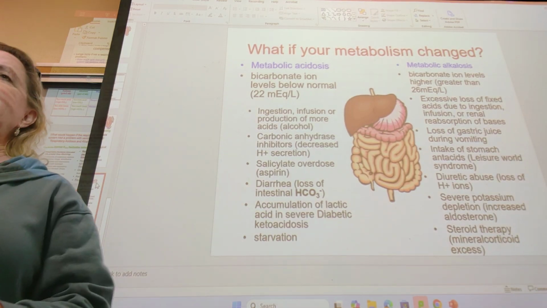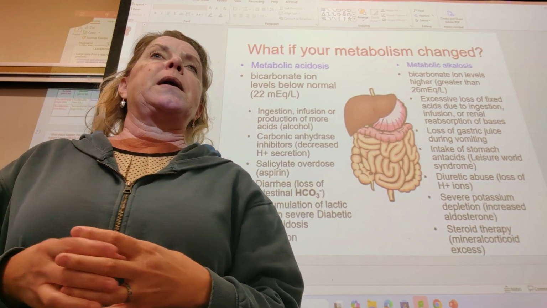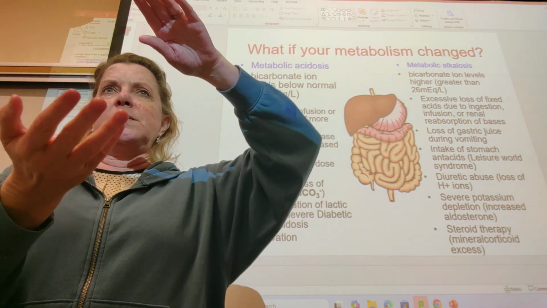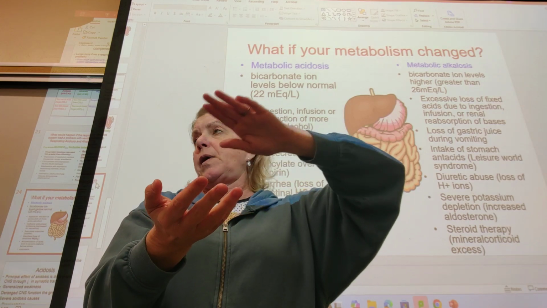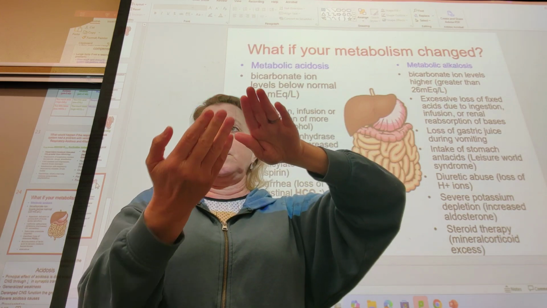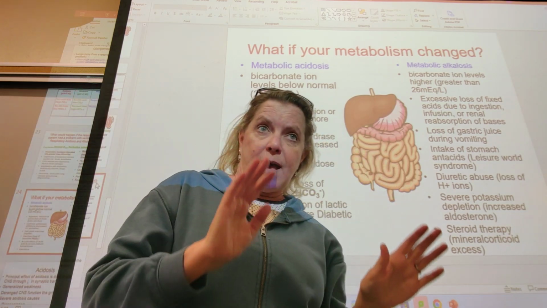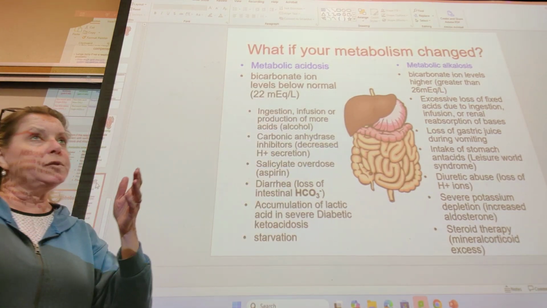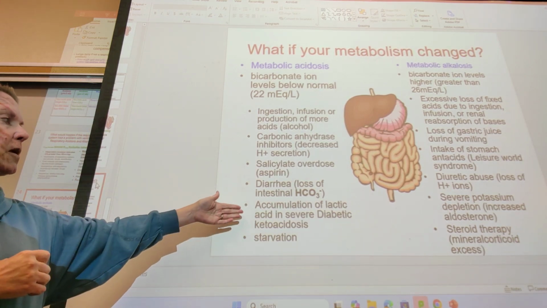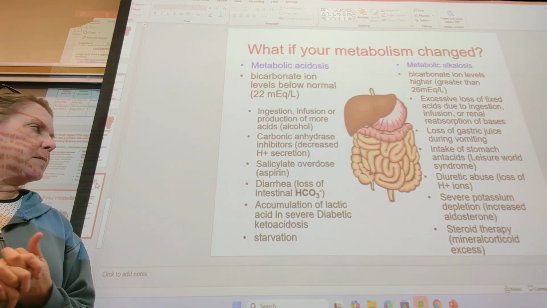Diarrhea, you have a lot of diarrhea, that's a whole bunch of bicarbonate buffer that's being lost from the pancreas. If you lose your base, the acid still might be okay, but how can you have acidosis? Too much acid or too little base? So you're losing your base, that is the problem, and the CO2 is going to compensate. Plus the kidneys. Lactic acid, that's a byproduct of anaerobic metabolism.